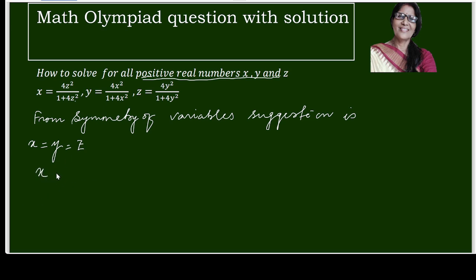Then it is given that x equals 4z square over 1 plus 4z square.